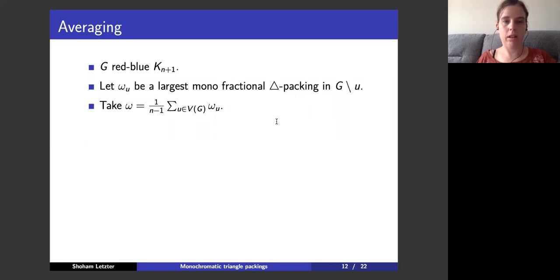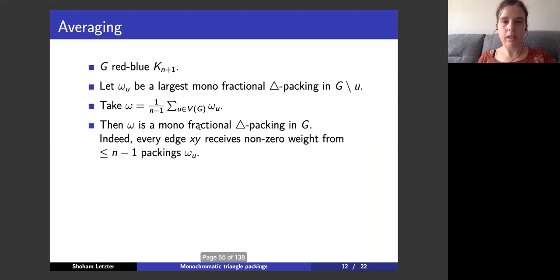The point of this is that ω turns out to be a monochromatic fractional triangle packing in G. Why is that? If I take an edge xy, then note that xy does not appear in G minus x or in G minus y. So in ω_x and ω_y, the edge xy receives weight 0.